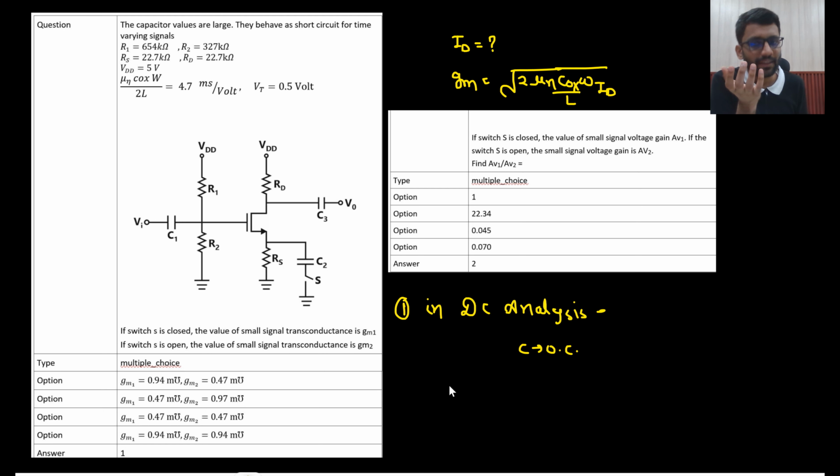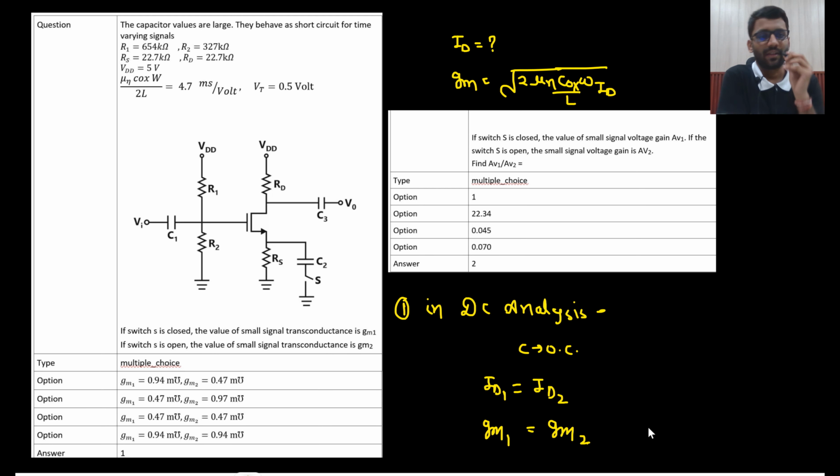That ID will be same only, right? ID1 will be equal to ID2, because the circuit will be same. Then ID will be same. That means GM1 would be equal to GM2. So this is the first thing we got to know, that in both of the cases GM will be same. So we can cut at least these two options. Now we have to differentiate between, now this answer is wrong actually.